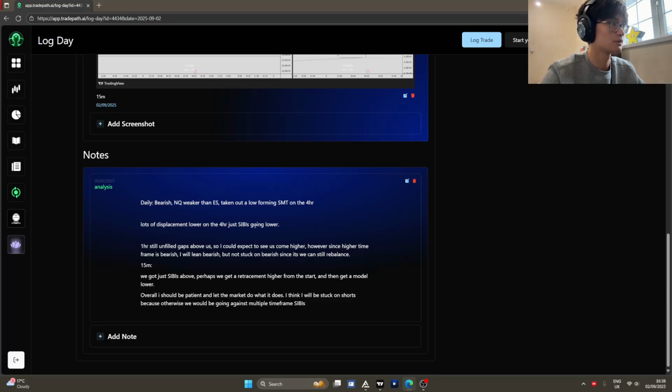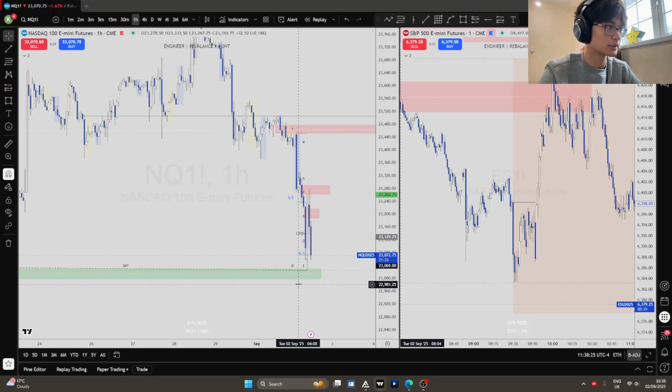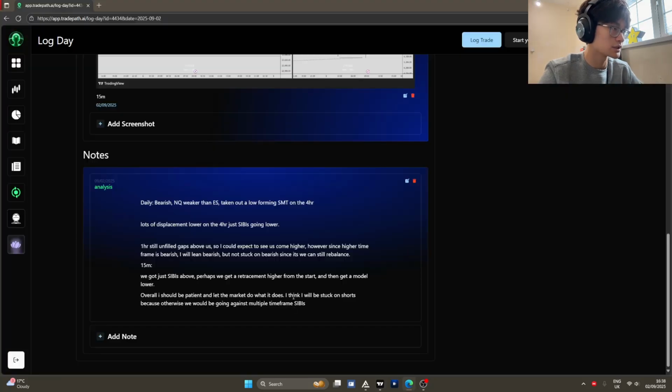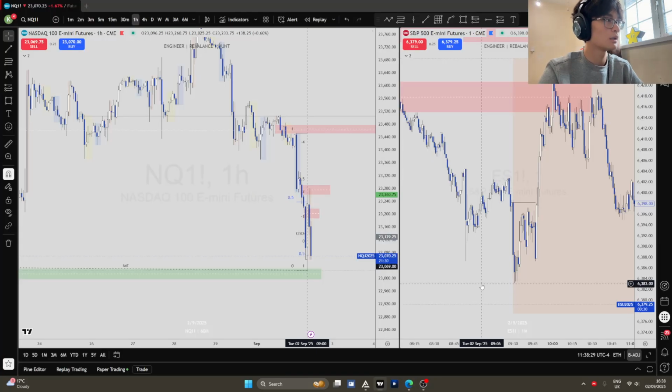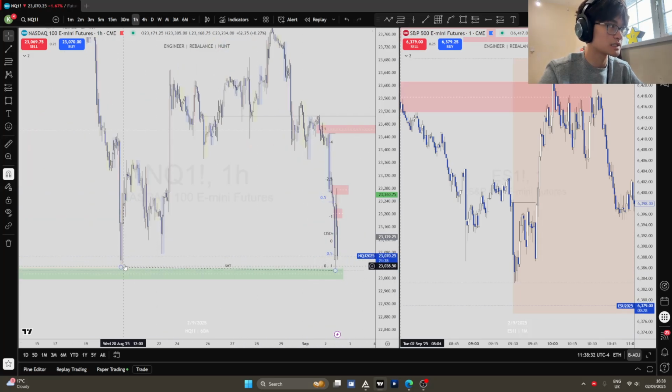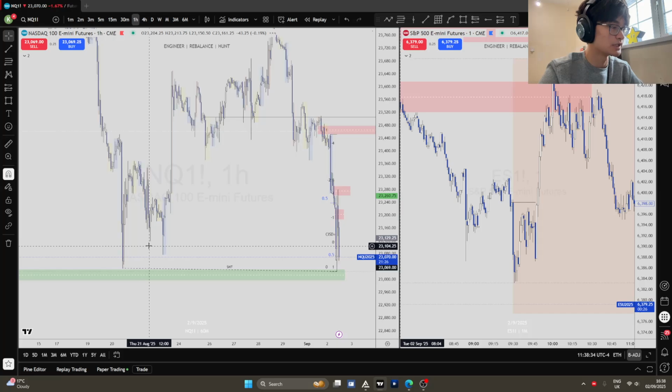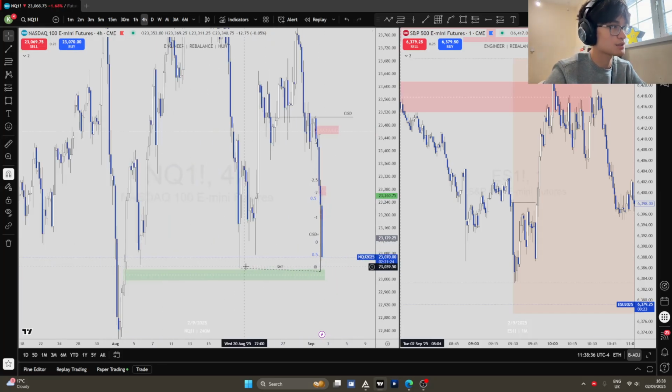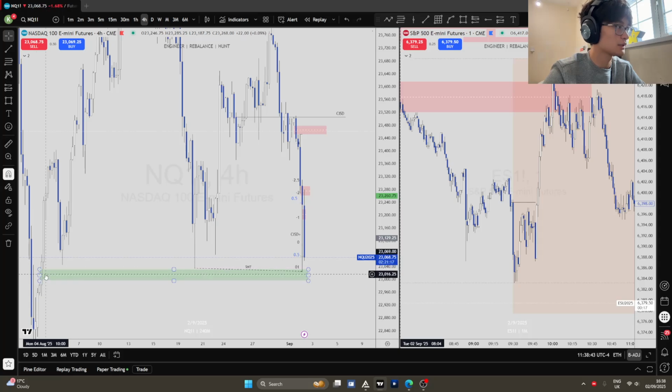So really short pre-market analysis kind of, but I should be patient, let the market do what it wants to do. I think it will be stuck in shorts because otherwise we would be going against multiple time frame SIBIs. Now I was thinking that was definitely a solid reason, but that was because I didn't expect us to take out the main low, which is this swing low right here, and I didn't expect there to be a 4 hour BISI here until I looked at the higher time frame.